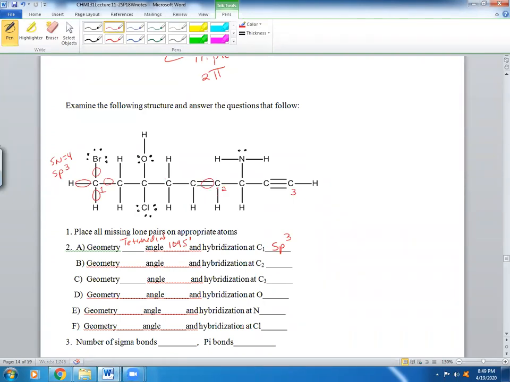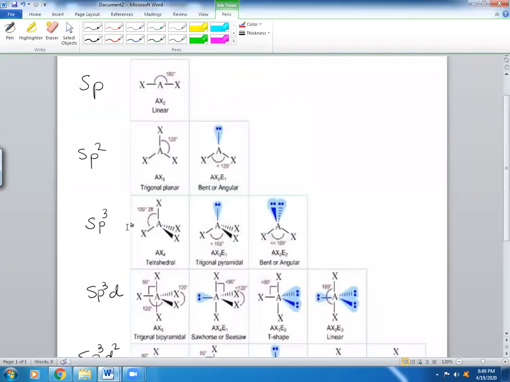1 domain, 2 domains, 3 domains. So that's steric number of 3. And for 3, we know that stands for sp2. Okay, sp2. It's trigonal planar for 3 bonds. Remember, this is a lone pair. So therefore, you have trigonal planar, and the angle is 120.